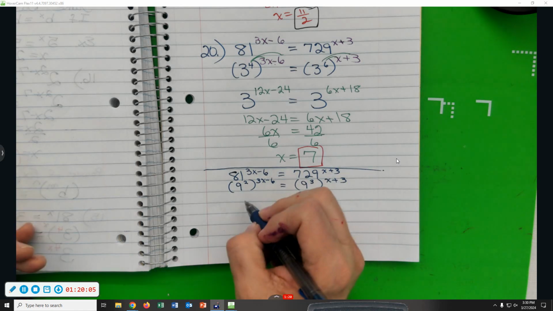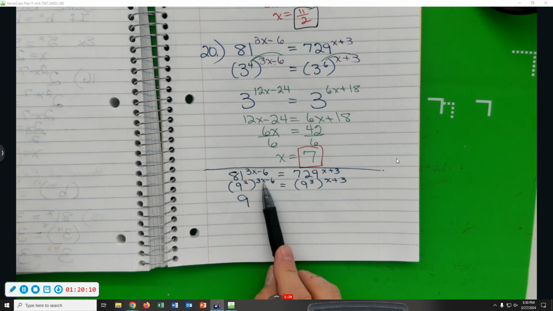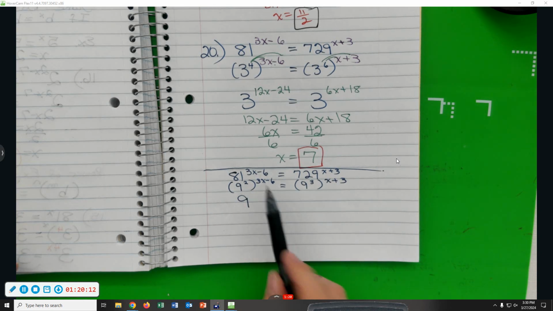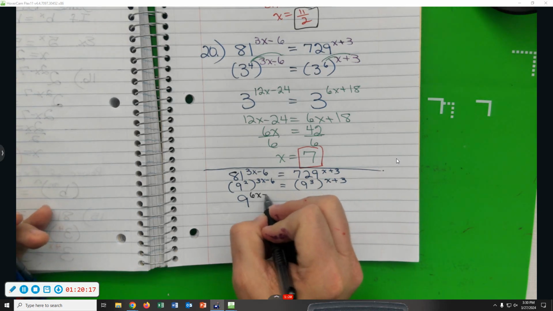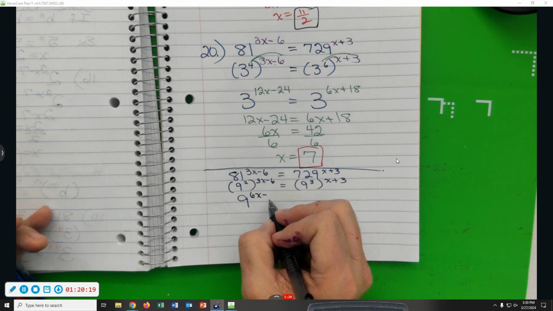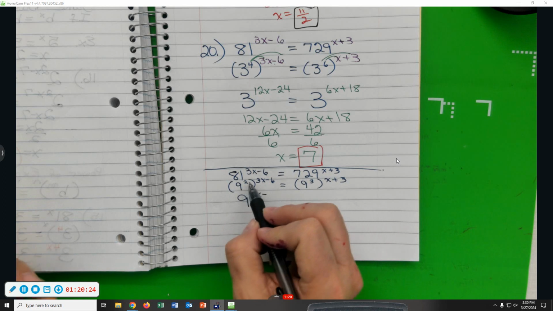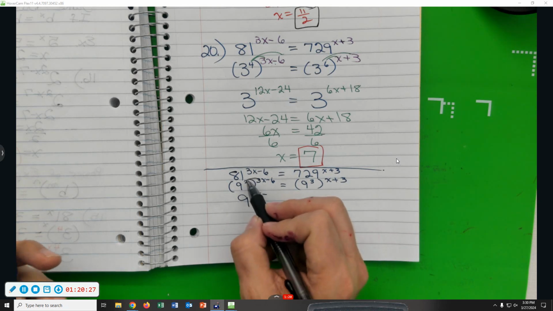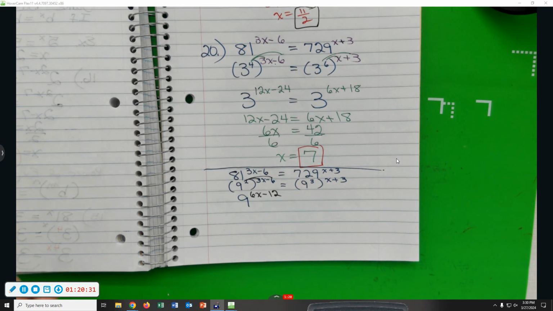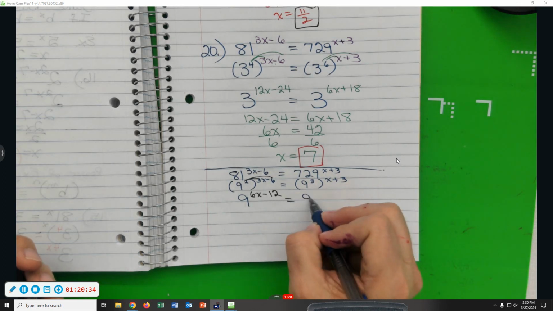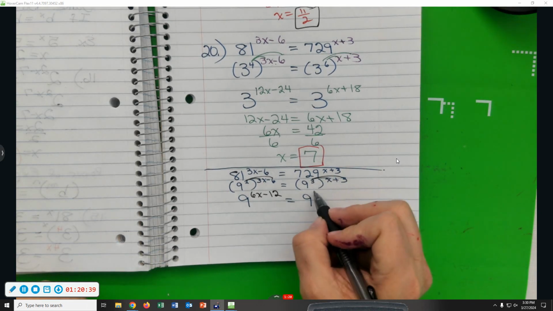So we have a 9. Distribute the 2 over the 3x minus 6 to give us 6x minus, wait a minute, it's 2, not 9. 2 times 3 is 6x. 2 times 6 is 12 equals 9 to the, distribute the 3. What's that going to give us?